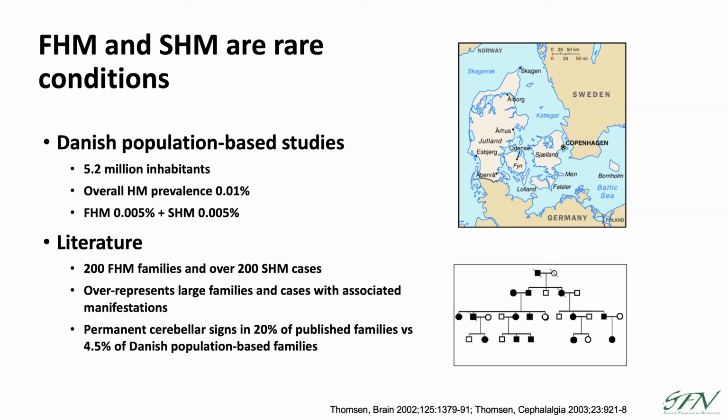And what appeared is that in hemiplegic migraine, migraine attacks are often associated with other transient or permanent neurological symptoms. For example, permanent cerebellar signs, which are often associated with hemiplegic migraine type 1, are present in 20% of the published families versus only 4.5% of the Danish population-based families. And I will describe these symptoms in a few slides.